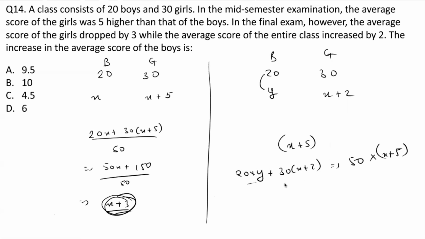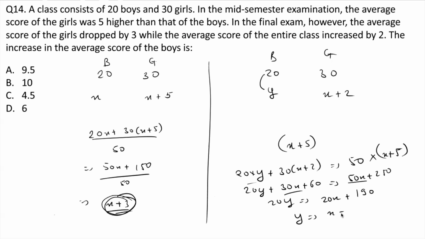From here, we can calculate the value of y, right? 20y plus 30x plus 60 is 50x plus 250. So basically this will give us 20y is equal to 50x minus 30x, which is 20x, plus 250 minus 60, which will be 190, right? And that gives us y as, dividing by 20 everywhere, x plus 9.5.